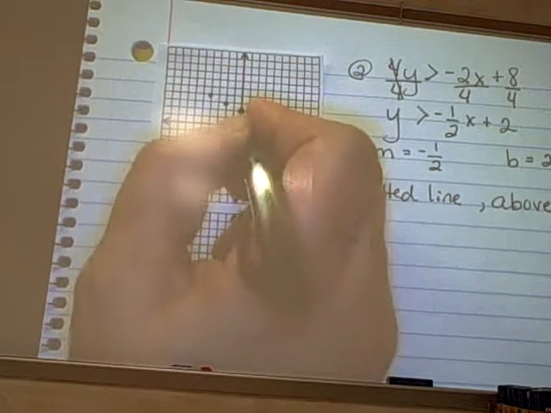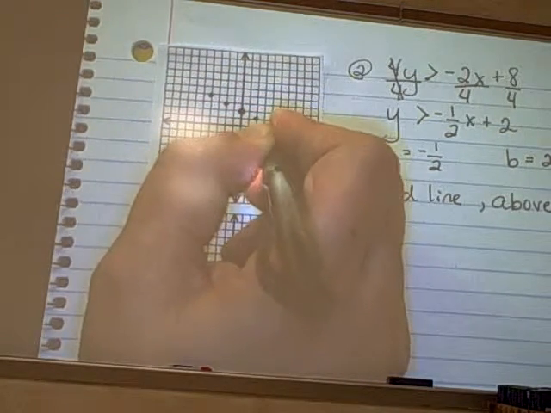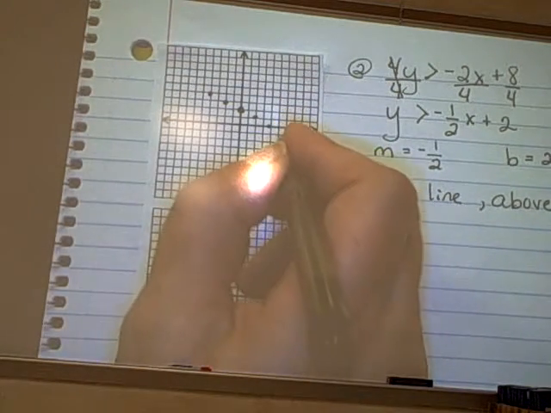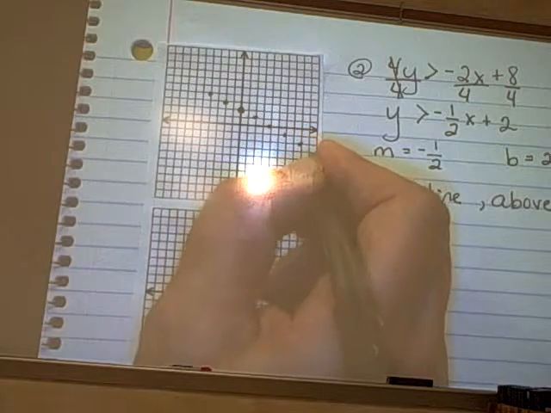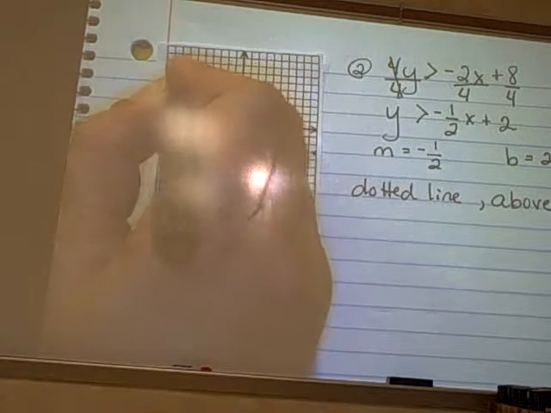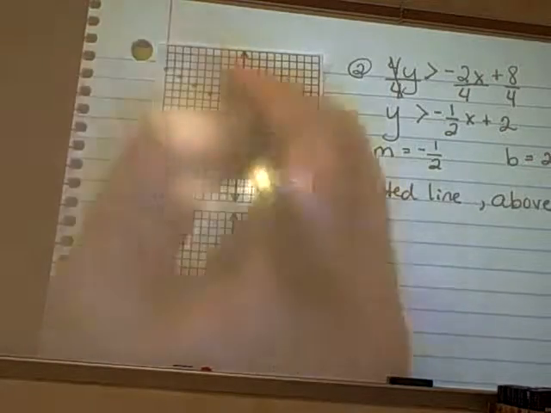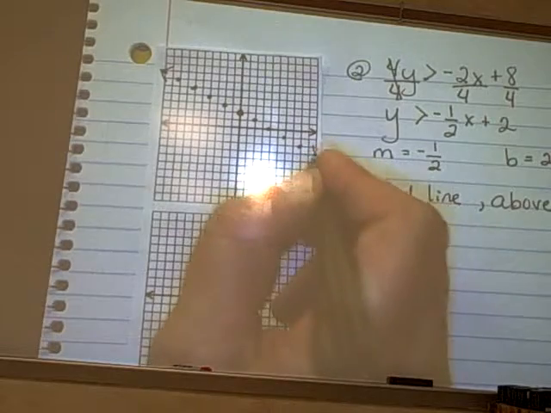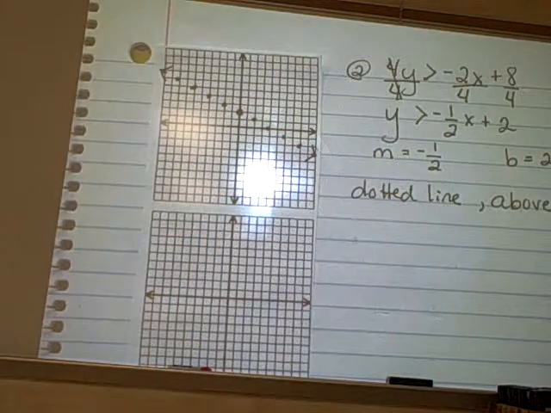Or you can go down 1 over 2 to the right. Okay, since it's dotted line, sometimes I would just rather do this, and these can be my dots. It's just easier. Or if you want to use your straight edge and connect it and make it all dotted, that's fine too. Just put little arrows on the end. And we're shading above.